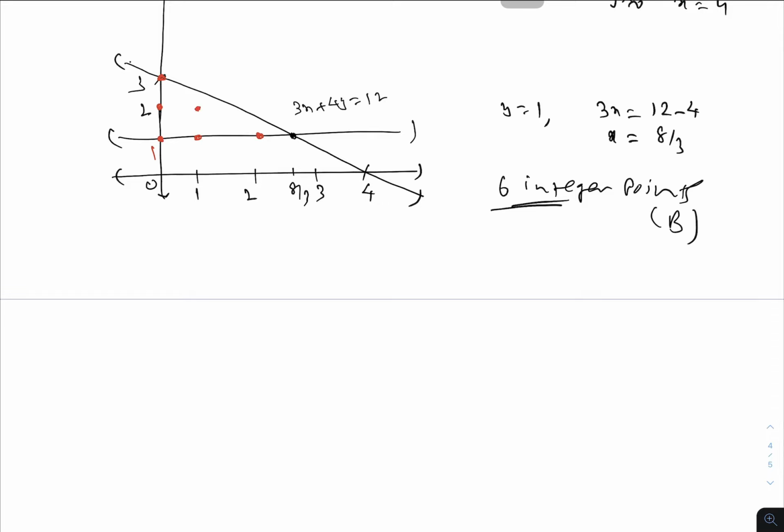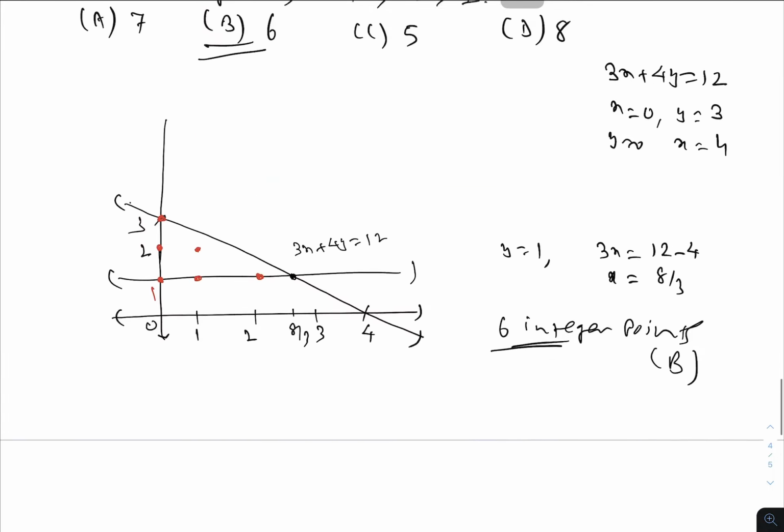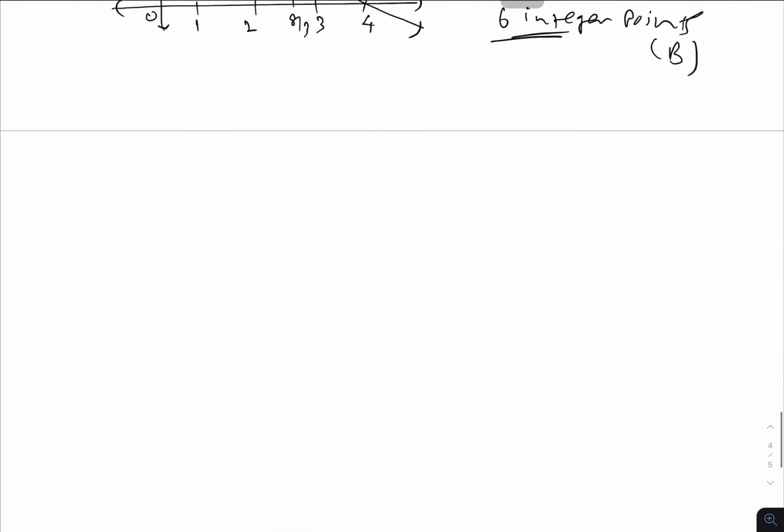So you are having this kind of examples, and then you can solve them, and it's not difficult in fact. So let us take one more example.